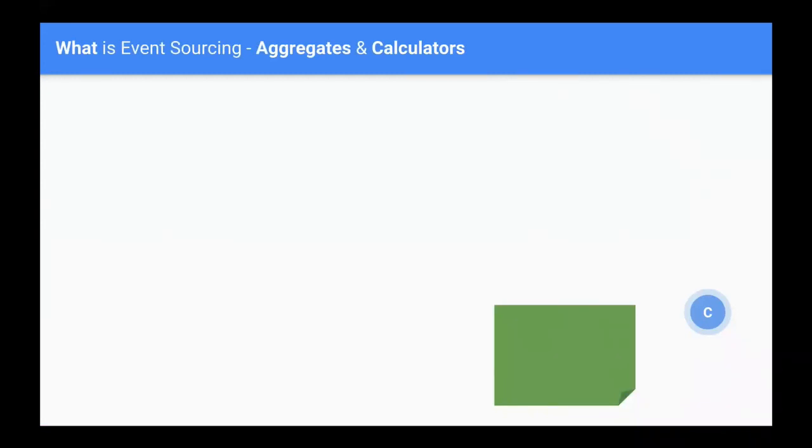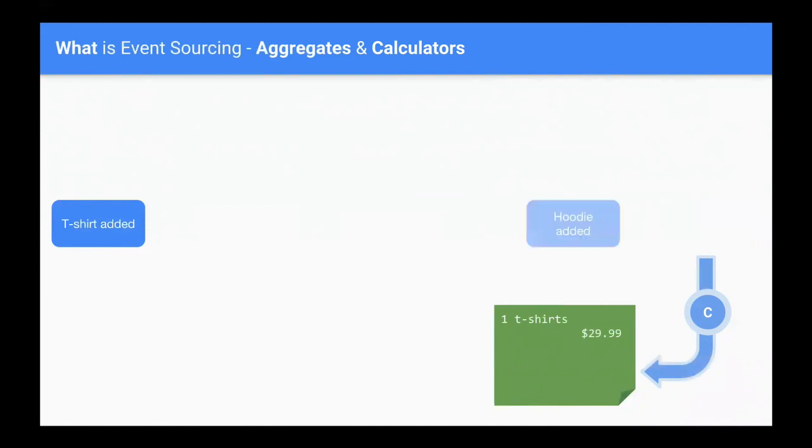We have a small calculator thingy, that's the C circle, and an aggregate down there. As the first event flies through, the calculator will update the aggregate, which represents the order, and we'll just say that this order now has 1 T-shirt for $29. Then the user adds a hoodie, so we add a hoodie, and we update the total.